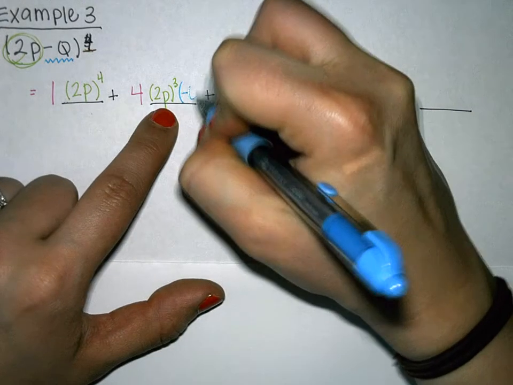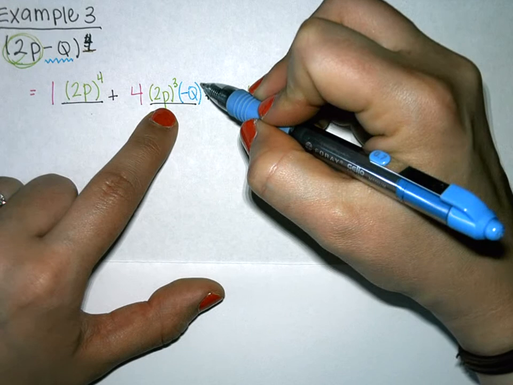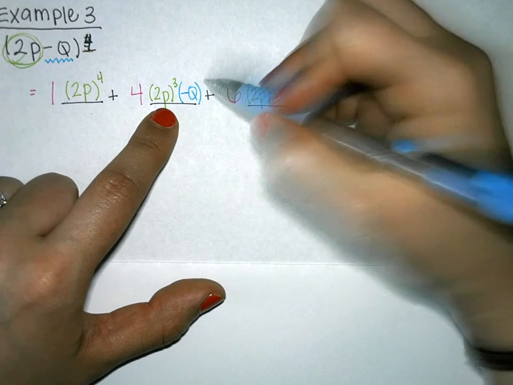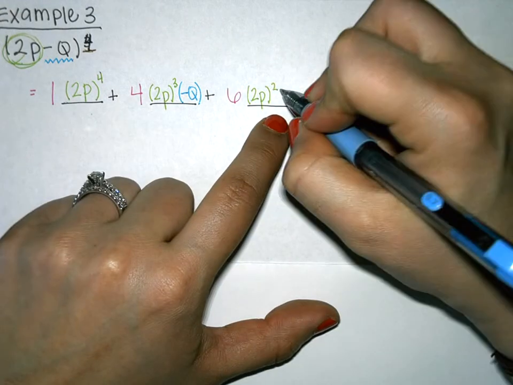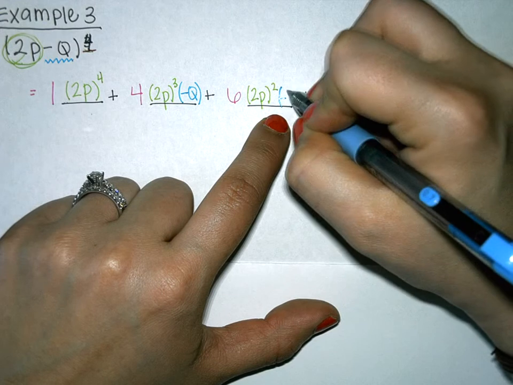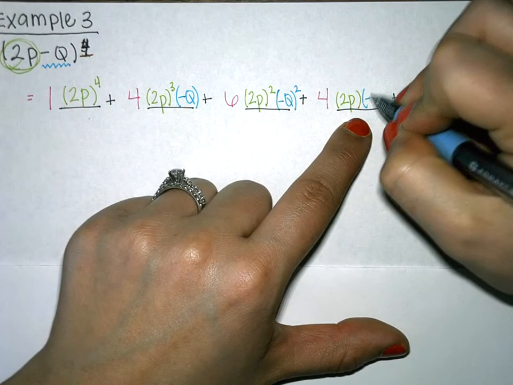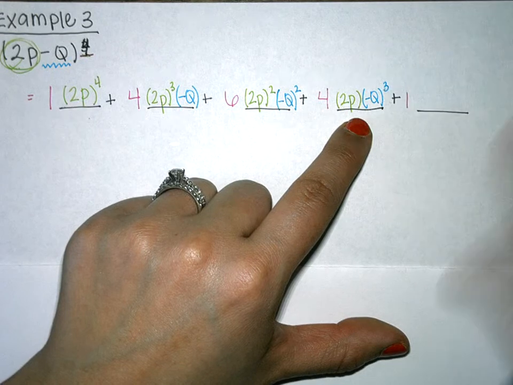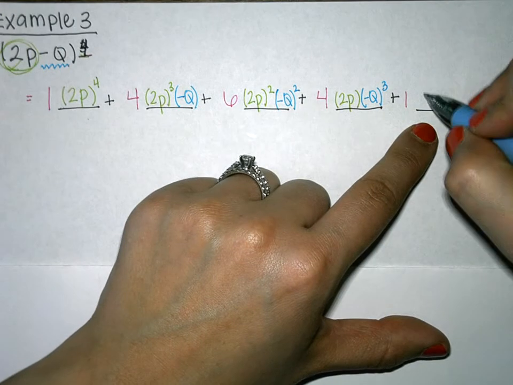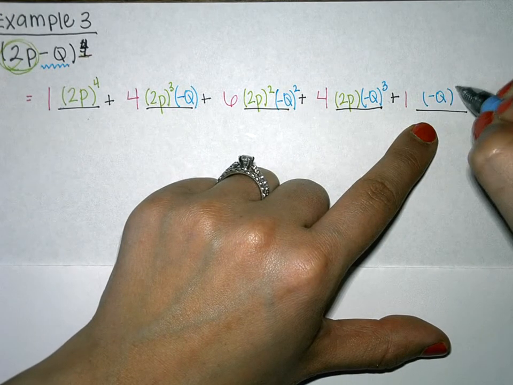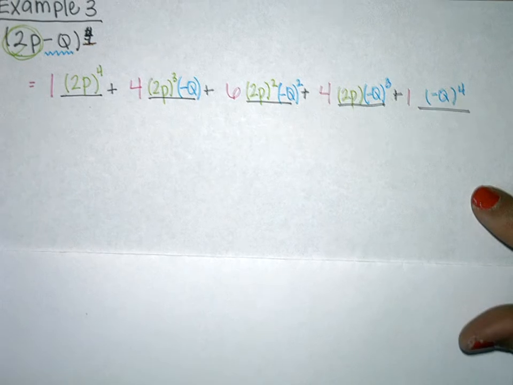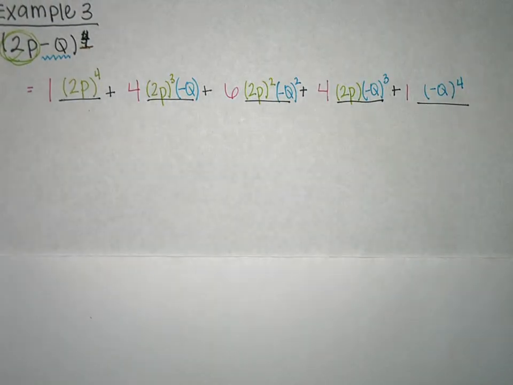This next one is going to be negative q to the 1st, so we don't have to write the exponent 1. Then we're climbing up, so this is going to be negative q squared. The next one is negative q to the 3rd. And the last one is negative q to the 4th power. So we have all of the blanks filled in.